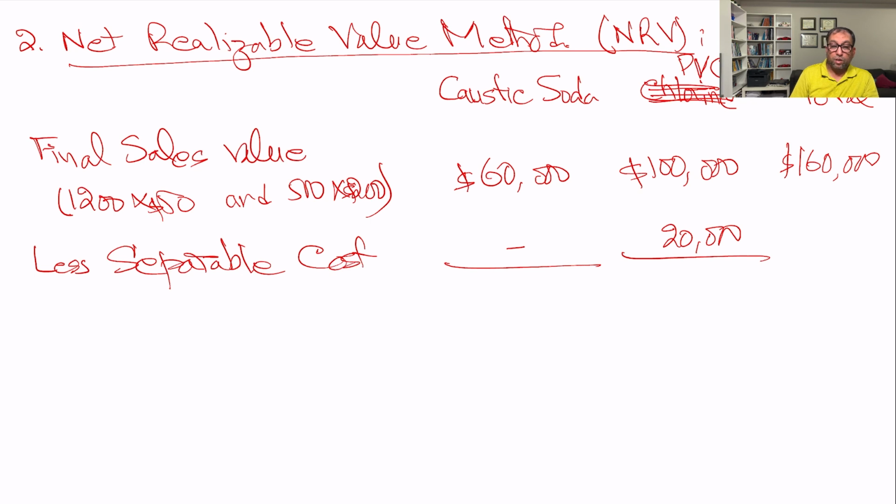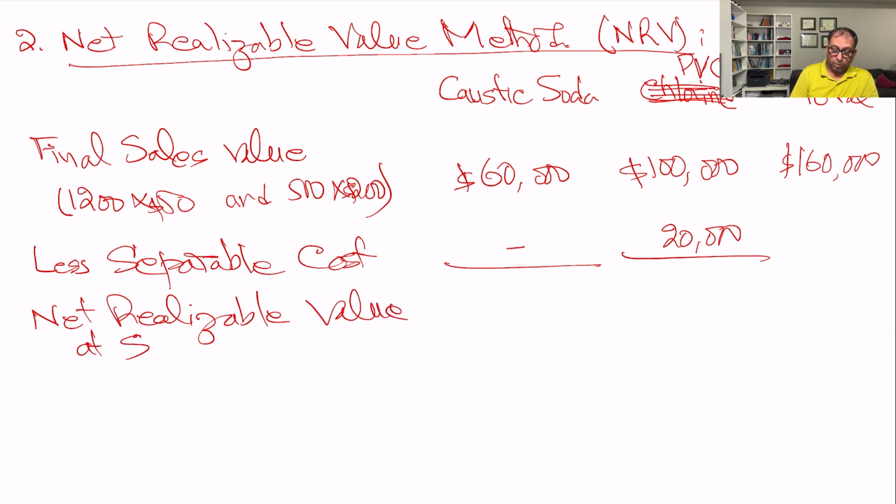So we get the net realizable value at split off. Here we get 60,000 and here we get 80,000. So all together it is going to be 140.